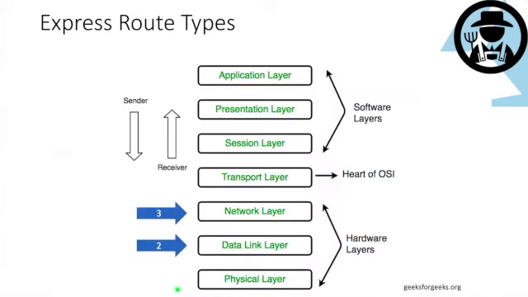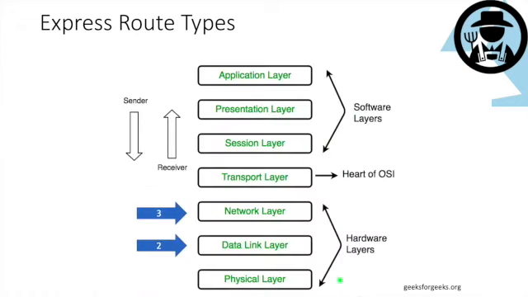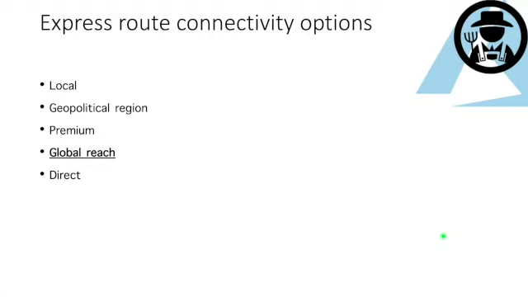So that means they operate in the network layer and the data link layer, whereas the IP VPN operates in layer 3, which is the network layer only. And again, the direct model operates in layer 2 and 3 as well. We're going to talk about the direct model in further detail in the connectivity options. So let's have a look. In the Express route connectivity options, there is a model called local.